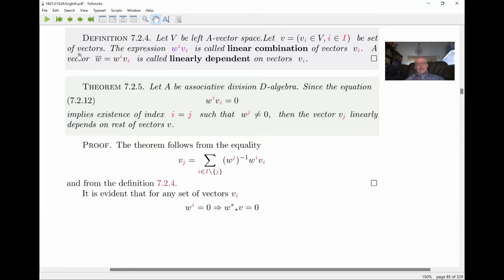A vector w equals the sum of wi vi is called linearly dependent on vectors vi. Since the equation 7 to 12 imply existence of index i equal j, such that wj is not equal 0, then the vector vj linearly depends on the rest of vectors v.